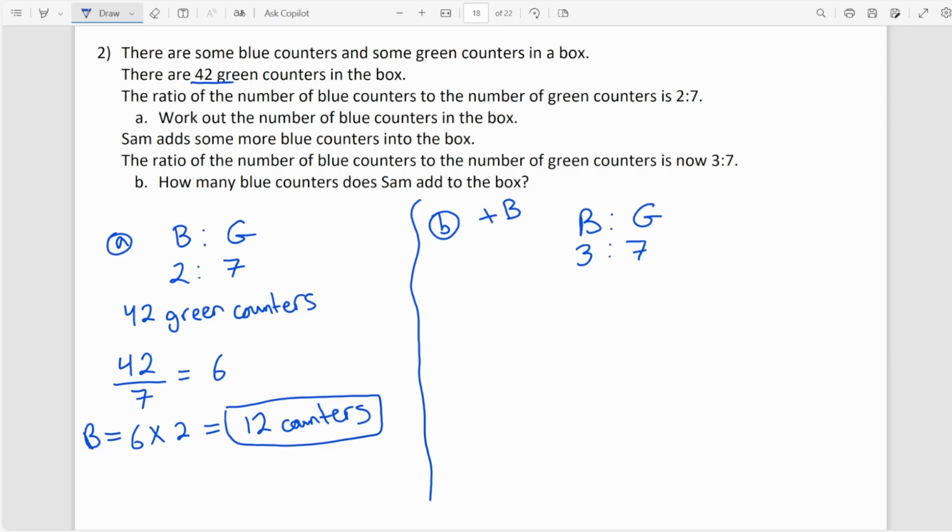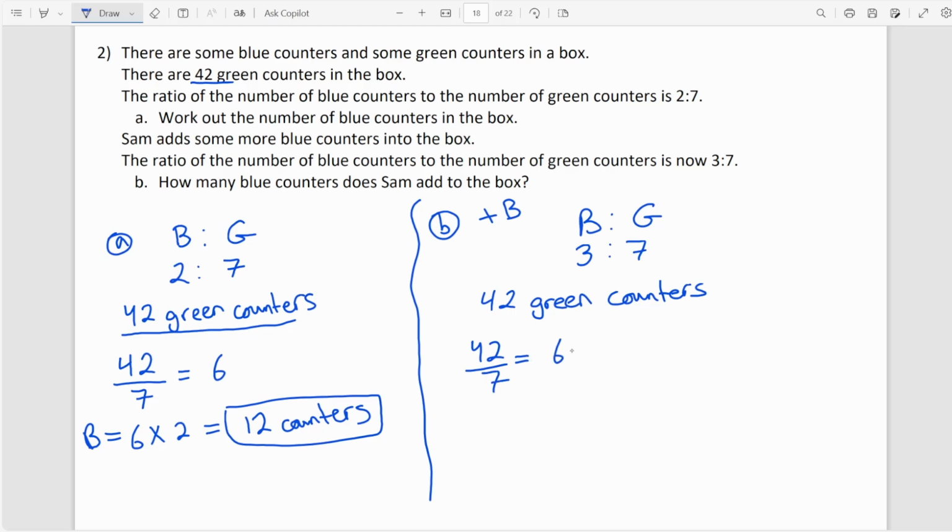All right, so now we know that he added blue, which means the green never changed. The previous green was 42, and it stayed that way. So I will go ahead and write 42 green counters over here because this is what I have. And I will use it to figure out the parts of this ratio by dividing 42 by 7, and this gives us 6.